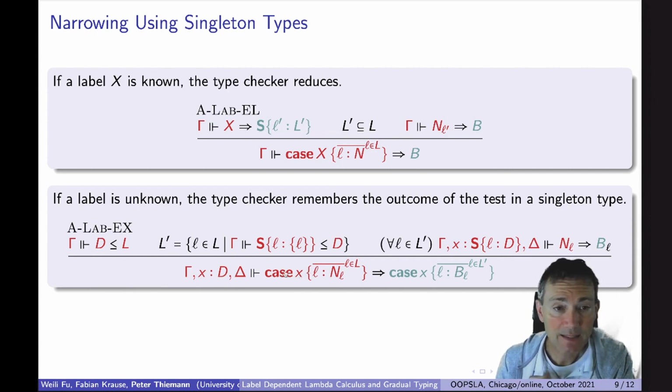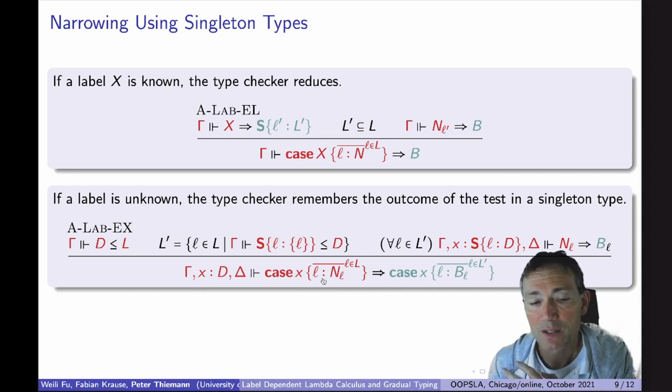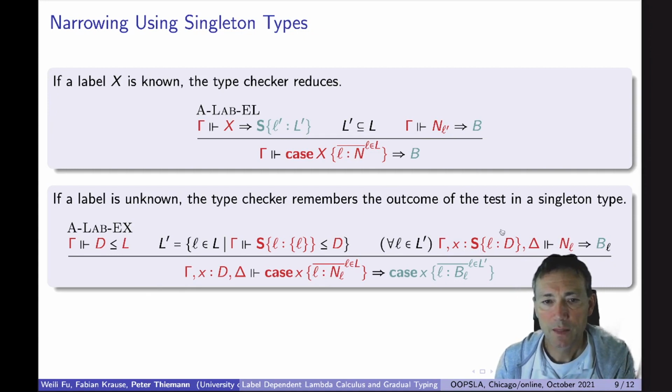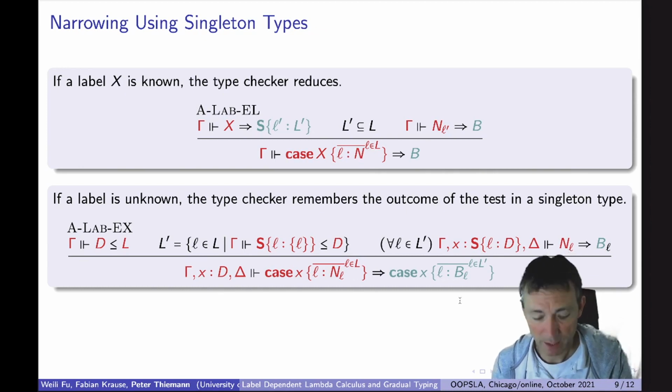So in this case, in each branch, we have increased our knowledge about the value of X. So we change the type of X in that branch to the singleton type of the respective branch label. And then we synthesize the type of that branch.